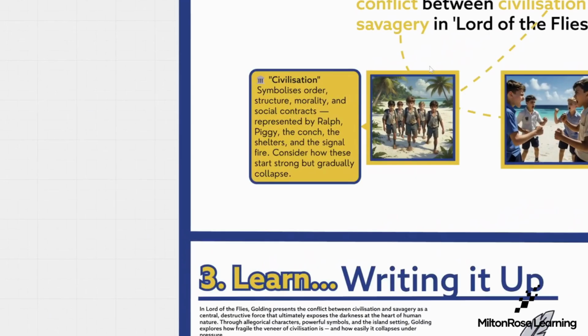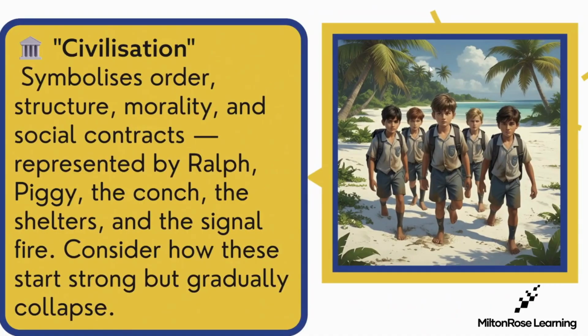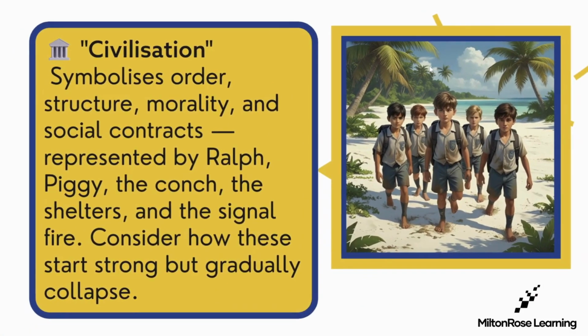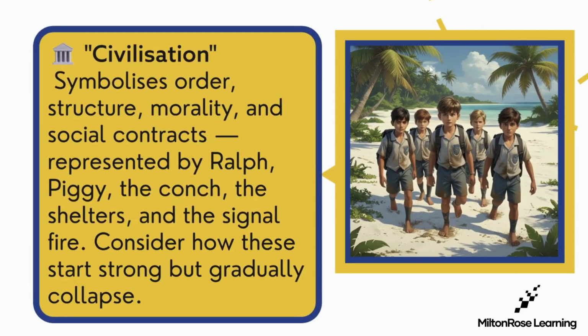And then the last two, very quickly, we have civilization as a key concept in the question. The boys are looking relatively sedate there. So civilization symbolises order, structure, morality, and our ethics.